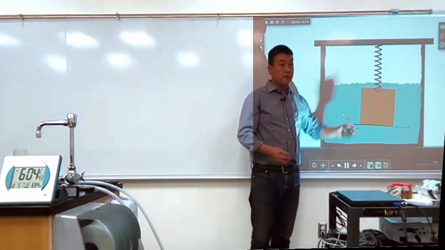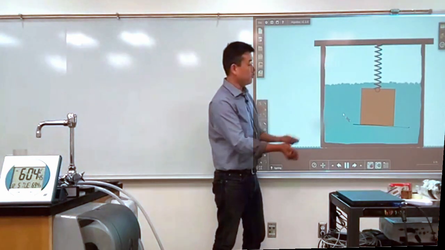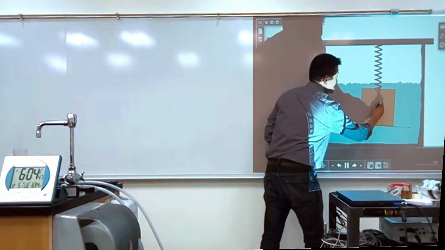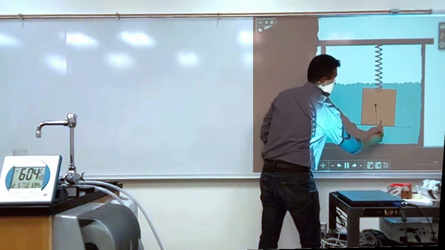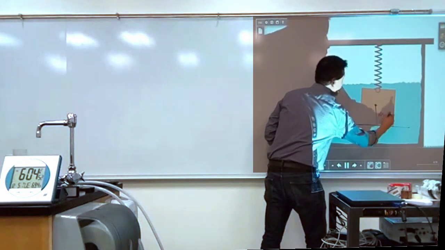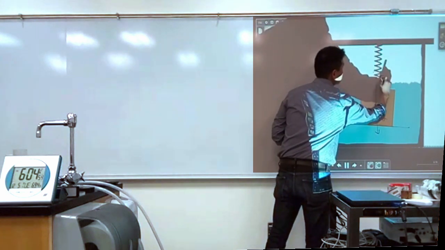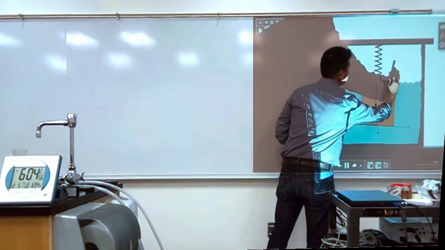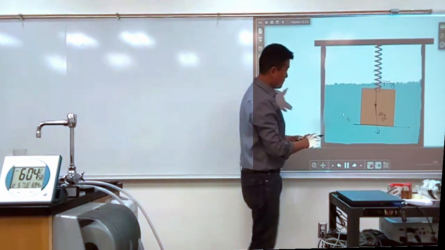spring force. So what that means is if you are drawing a free body diagram, this object has some gravity, mg pulling it down. There's some spring force pulling it up.